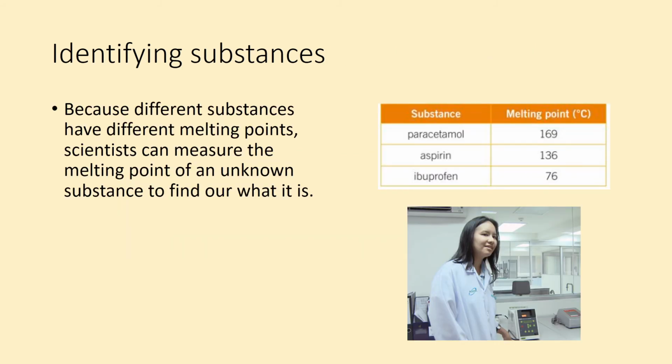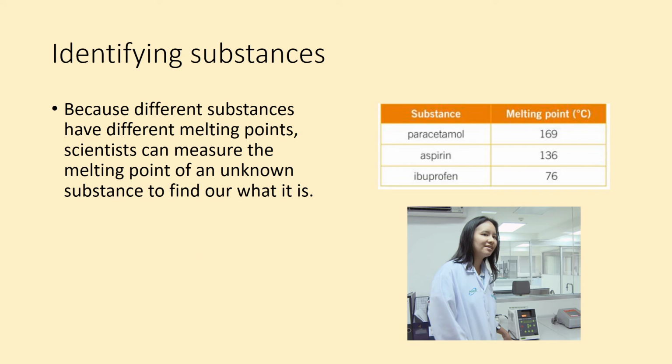Identifying substances. So as we've said, substances have different melting points, and because of that, scientists can use melting point to figure out what an unknown substance is. So this student in the picture is at university and she's got 3 different samples of painkillers, but she doesn't know what painkiller they are.